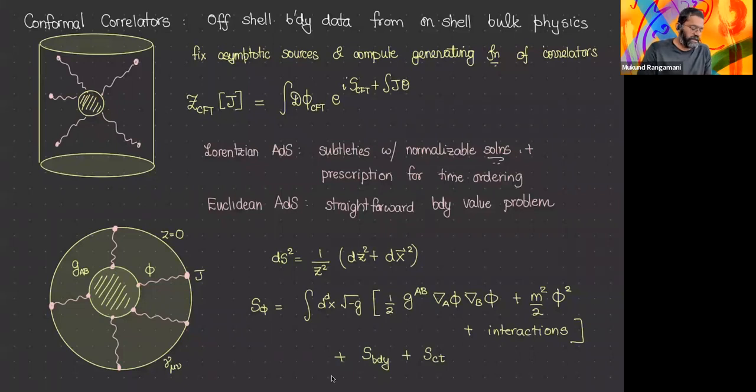It's basically trying to add a local source corresponding to the appropriate operator, and then trying to do the functional integral over all the CFT fields. Okay, let me use the word X for CFT, so I'll use phi for bulk fields.